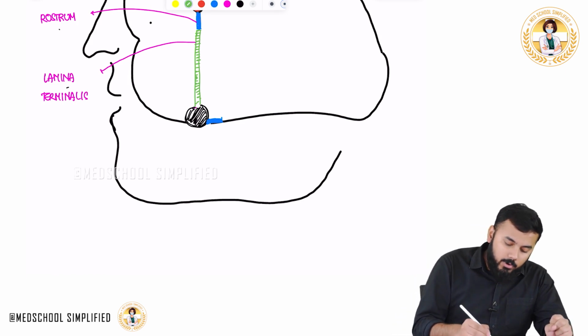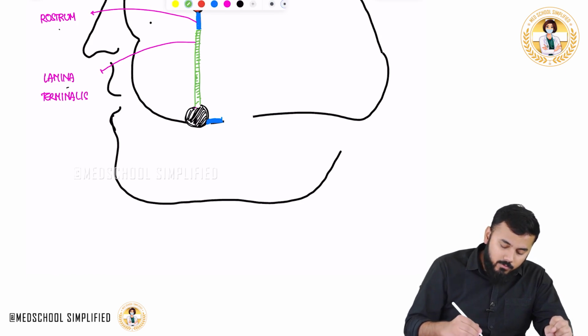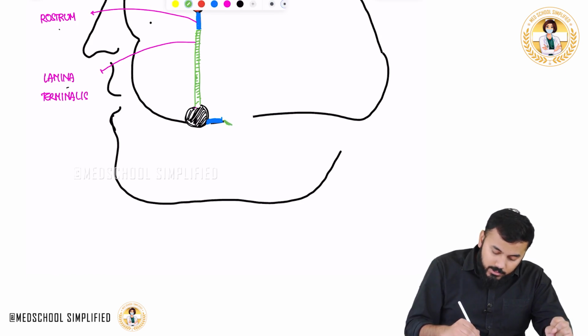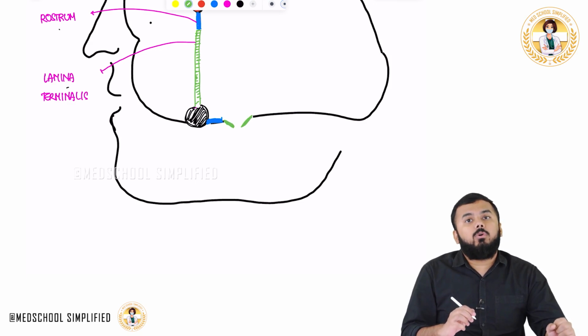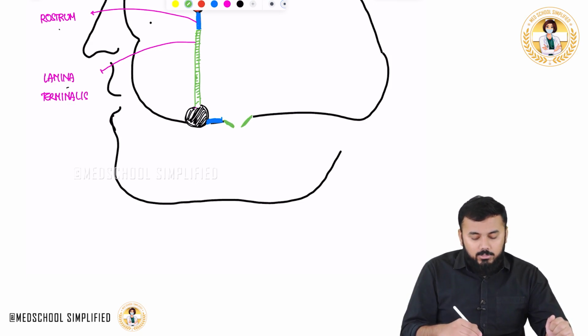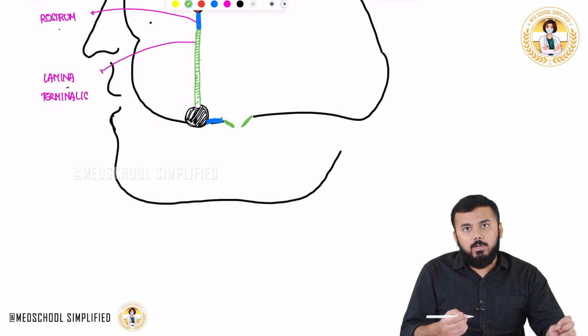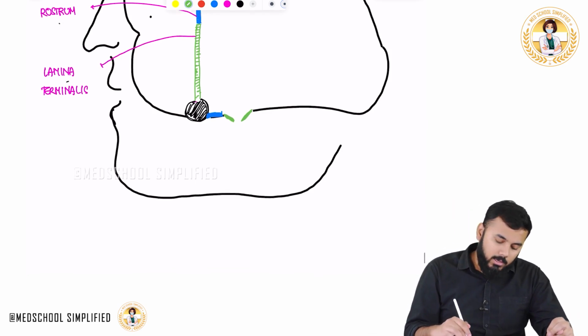Okay. Next important thing over here is that exactly near this optic tract, you have got two more structures like this. You see, this is one structure here. So what is this structure which I am drawing right now? This is nothing but called as your tuber cinereum. So if I ask what is the structure located behind the optic chiasma, you have to tell optic tract, obviously, after that tuber cinereum. Okay, right.